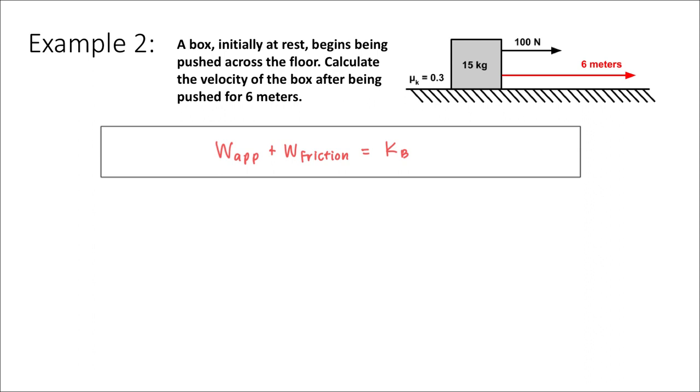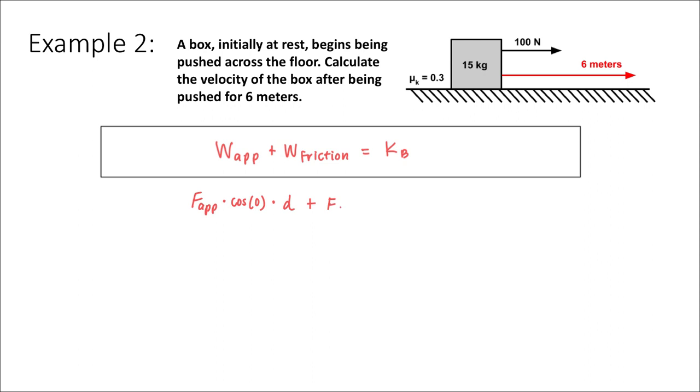So we've actually solved this problem in a previous video. So I know that the work done by the applied force is just going to be equal to the force applied times cosine of 0, because the applied force is in the same direction as the displacement, times that displacement value, d. That'll be in addition to the work done by friction.